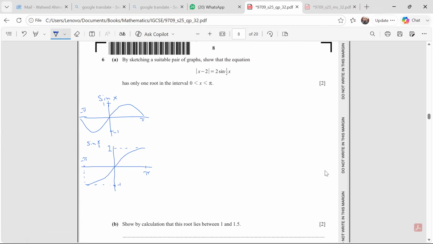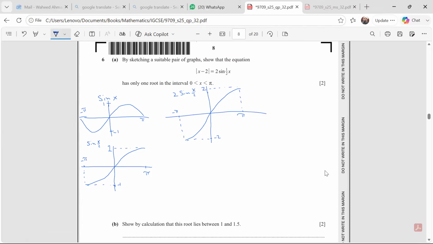And now if I sketch 2 times sine x by 2, of course this is pi, but now it reaches up to 2. And this is minus pi, and it reaches to minus 2.